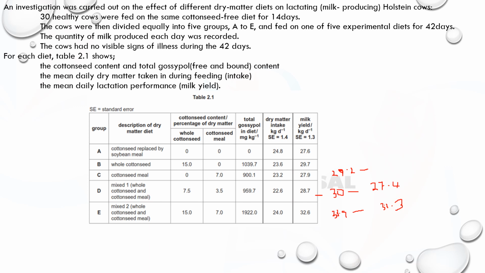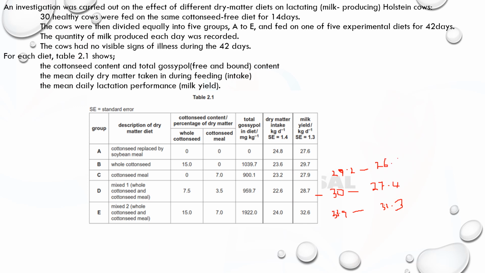If you want to find the lowest, you say 27.9 minus 1.3. We're just trying to look for overlap. That will give you 26.6. Can you see there's already overlap between C and E?